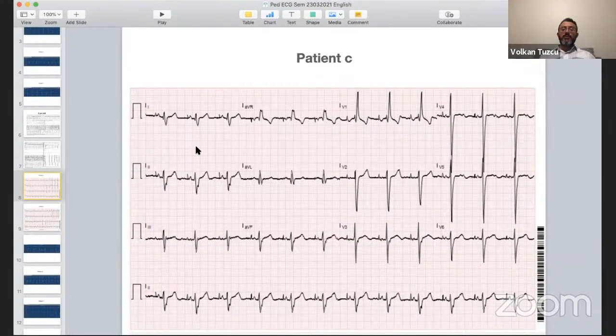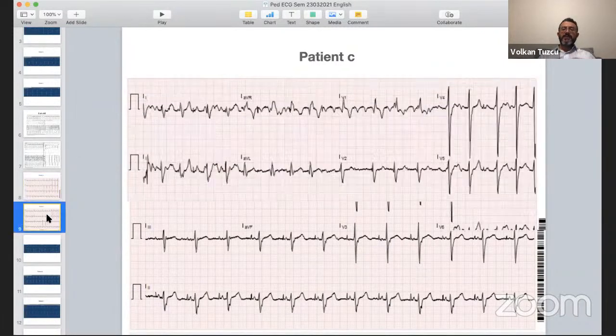Or, we see this sometimes. We implant a dual chamber pacemaker, but then after the operation, weeks, months later, the AV conduction recovers and you have normal conduction. So we cannot say it's dual chamber or single chamber based on this ECG, but what we see here is atrial pacing and right bundle branch block, okay?